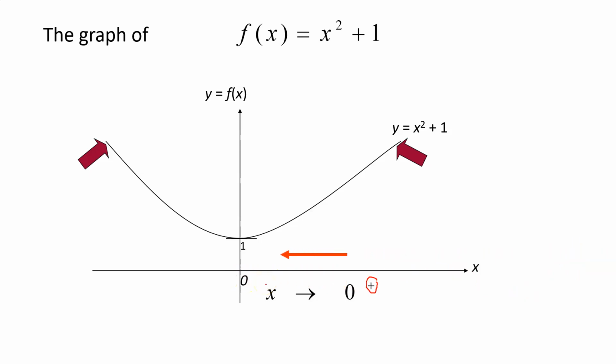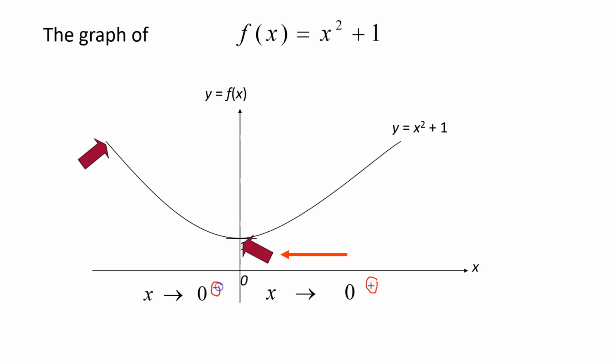Okay, and then you can see the behavior of the graph. It's moving towards the 0 over here. Okay, and then when x is approaching 0 from the left. Okay, so this is from the left.